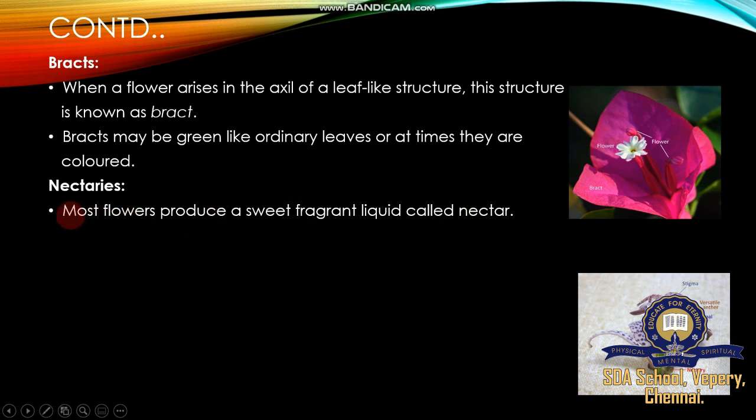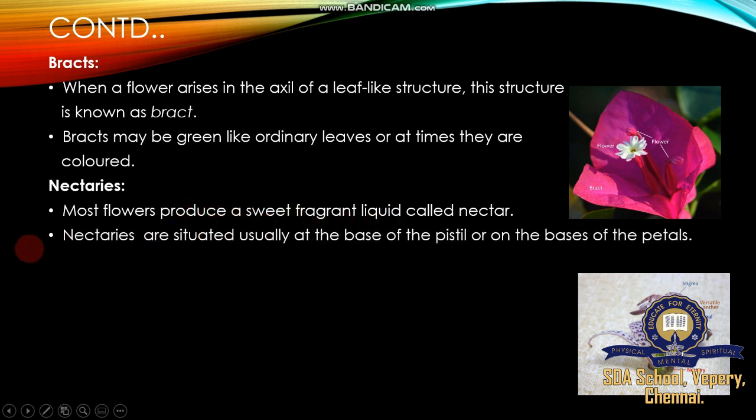Many flowering plants reproduce, pollinate, through cross pollination, depending upon some agents. Cross-pollinated flowers produce more sweet liquid, called nectar.